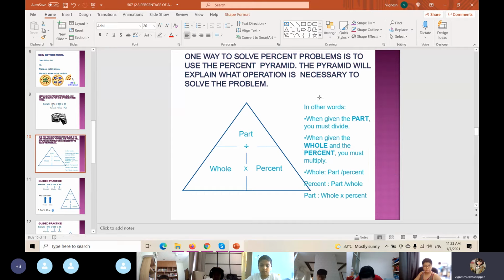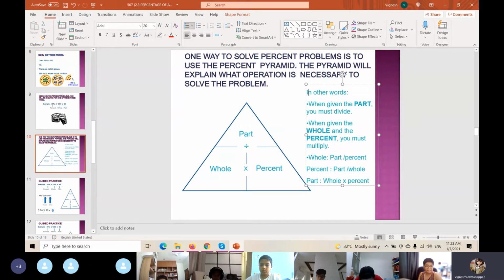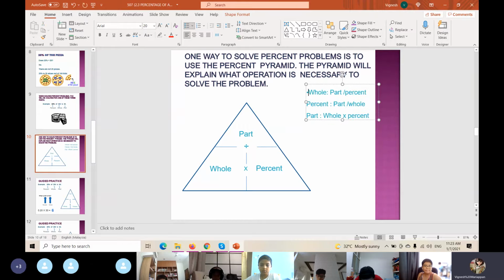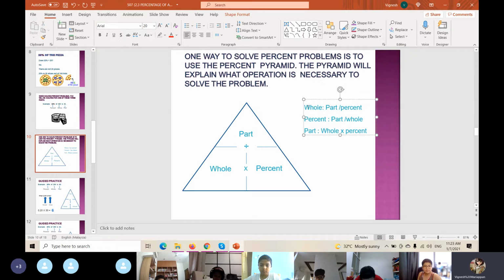Understand, teacher. It's simple words here. You don't have to follow that one. I write it in a simple way. If you want to find the value of the whole, you just remember this pyramid.